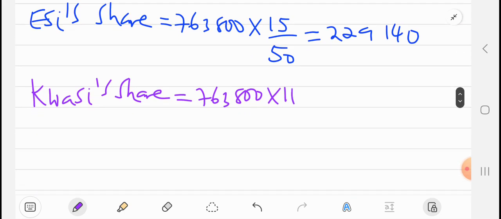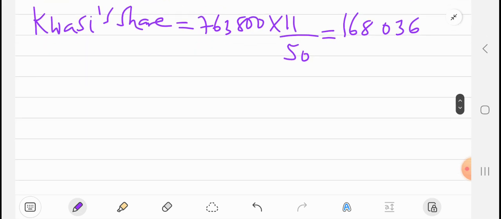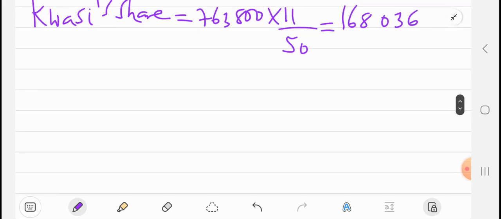So 11 out of 50, 168,036. That is Kwasi's share. And obviously we were doing these calculations in Ghanaian cedi.